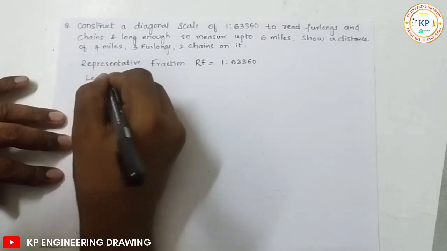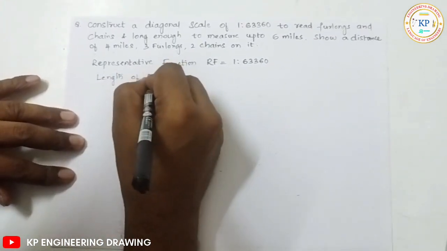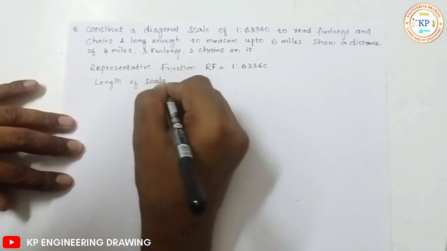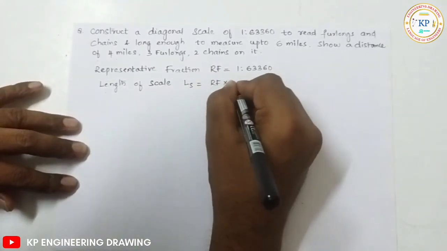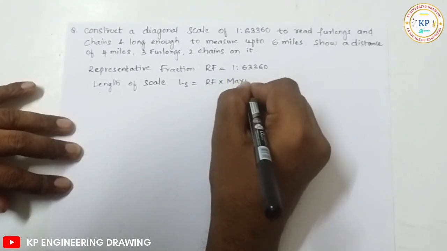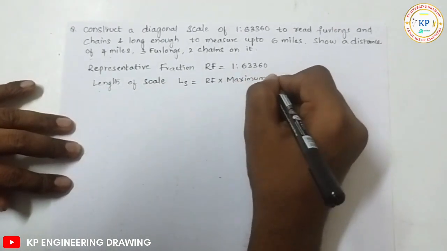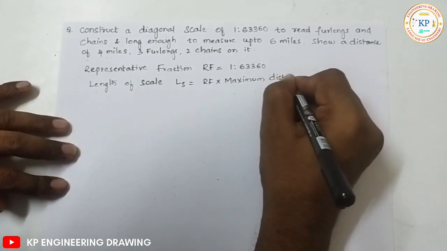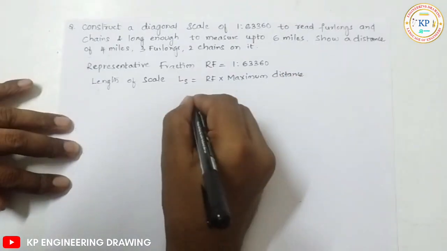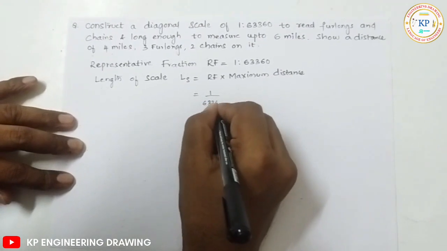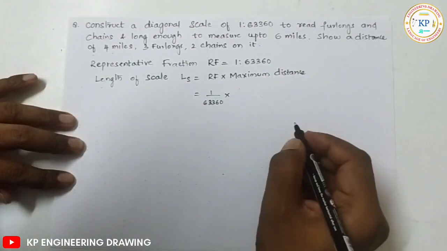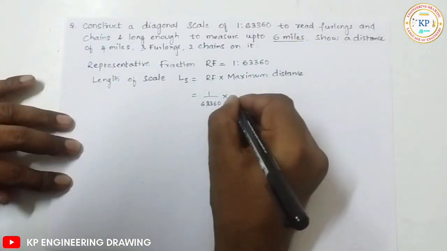Length of scale, LS, is equal to RF into maximum distance or maximum length. So RF is 1/63360 into what is the maximum distance? It is 6 miles.